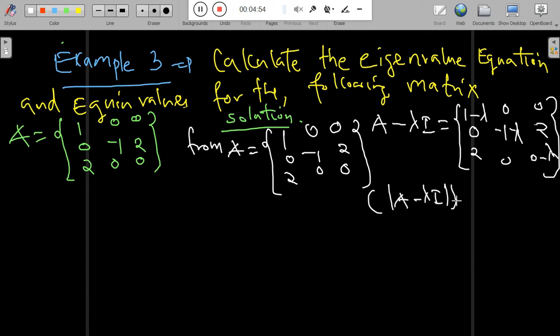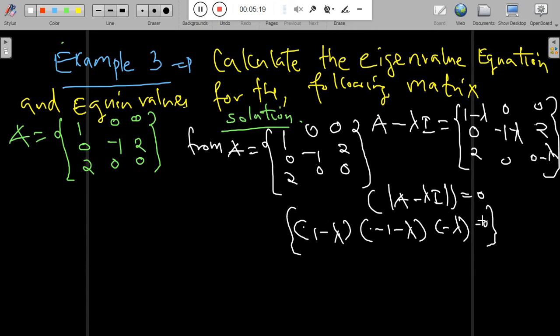So when you find the determinant, that will give you the determinant of A minus lambda I, which we equate to 0. So we take 1 minus lambda, we times negative 1 minus lambda, then we times negative lambda, then times minus 0. So when we take out negative 0 plus 0, which will give you 0 exactly.